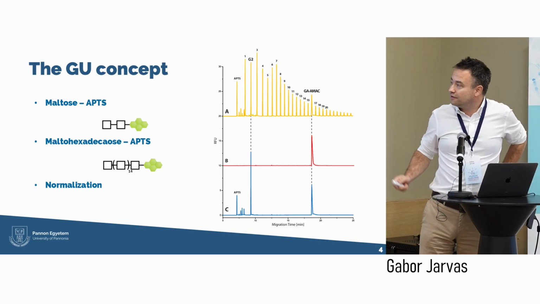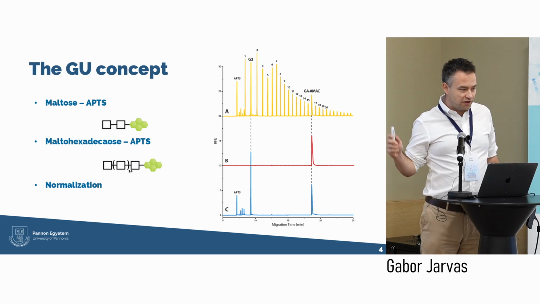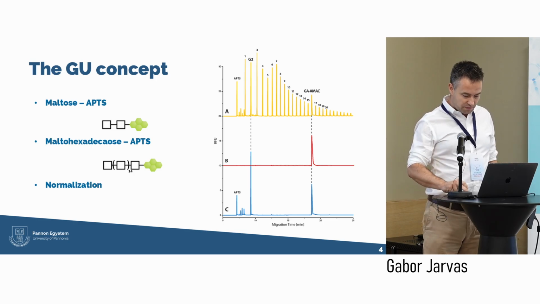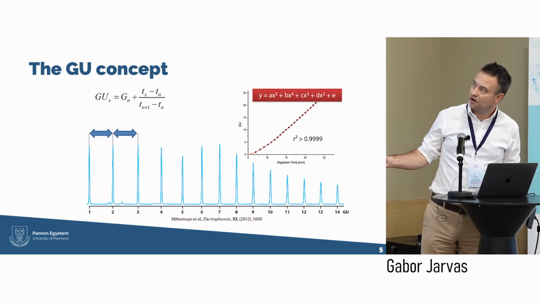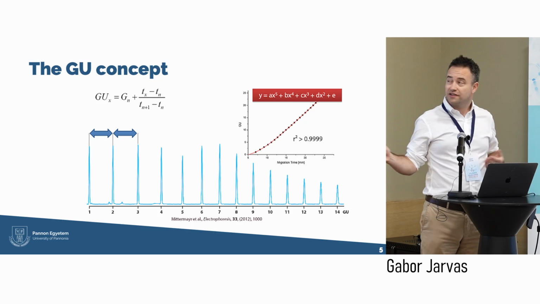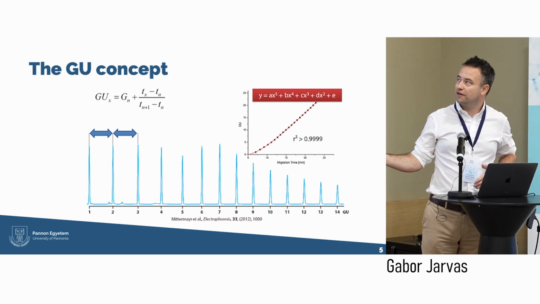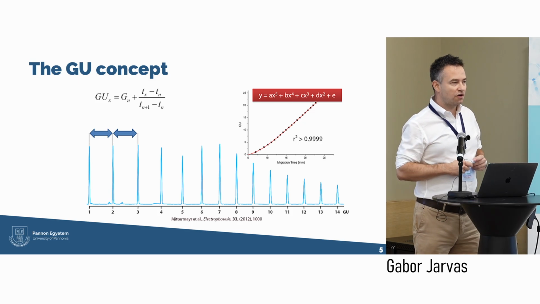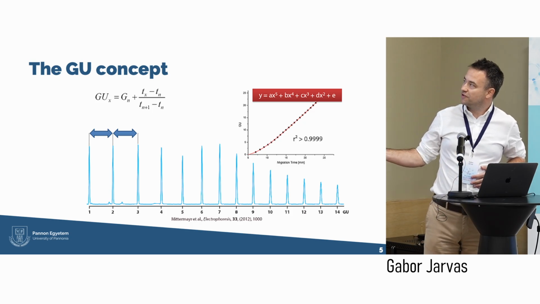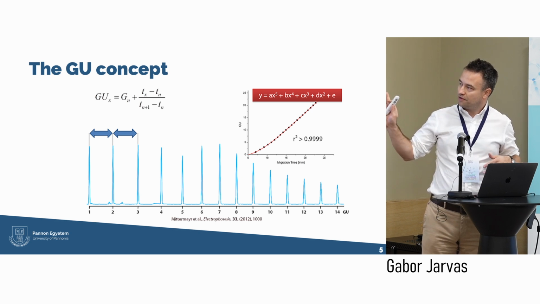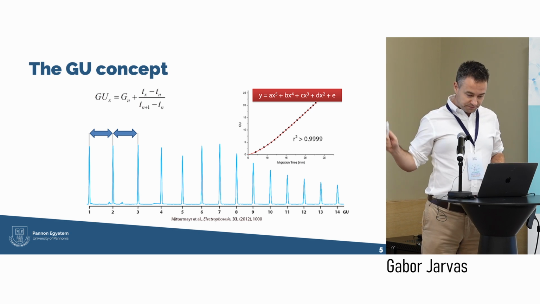Okay, so that's the basis of the GU-based approach, and there are different ways. This is the formula for how we calculate in a traditional manner, and as it is very complex and usually manual, there are different approaches to speed this up. There is a way where a polynomial is applied to describe the migration behavior.